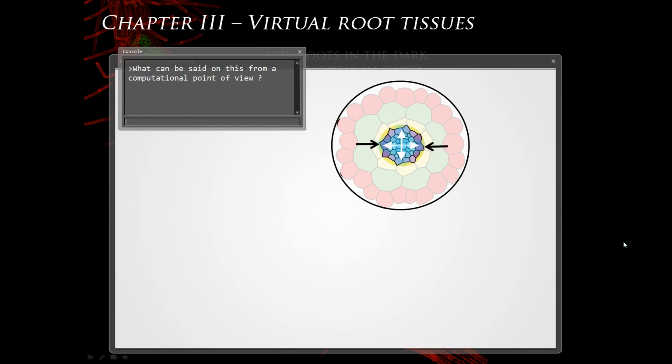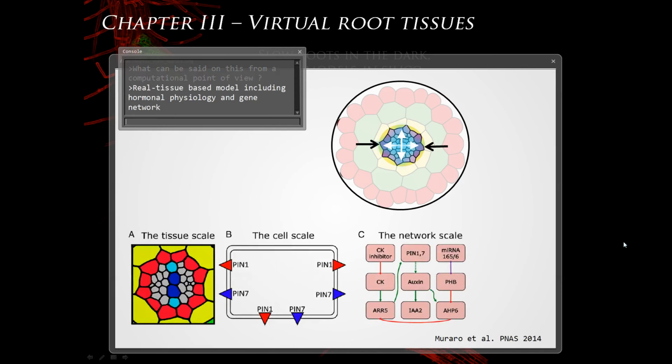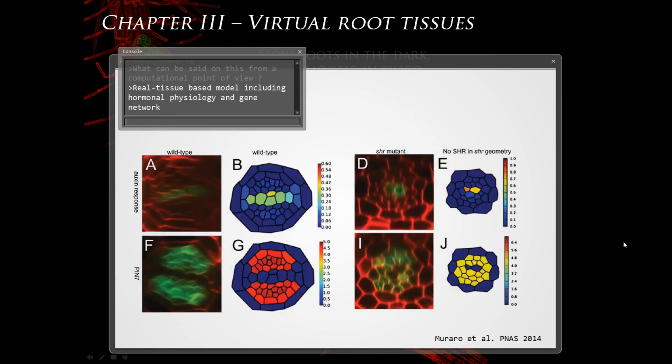So what can we say on this from a computational point of view? Well, basically what you could say is that you would describe it at a cell scale, and you would integrate also hormonal physiology and a gene network, and that's the work of Herrera et al. 2014, and they were able to basically recreate the distribution of hormone and gene activity within the root tissue, meaning that they were able to capture, in wild type and mutant, the driving phenomenon behind the information fields that are responsible for the patterning.